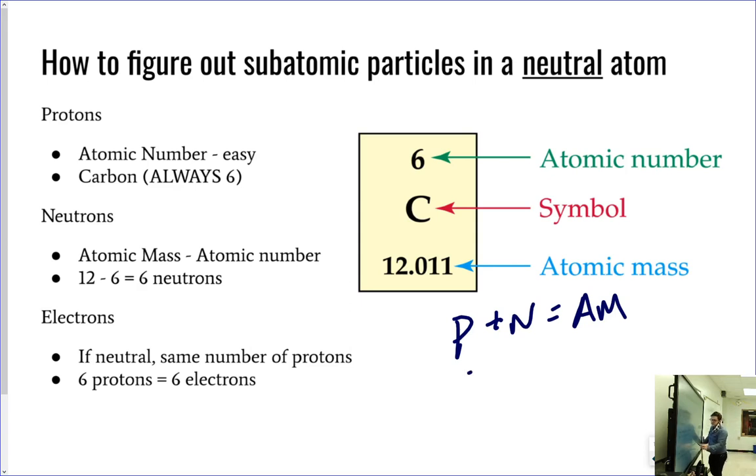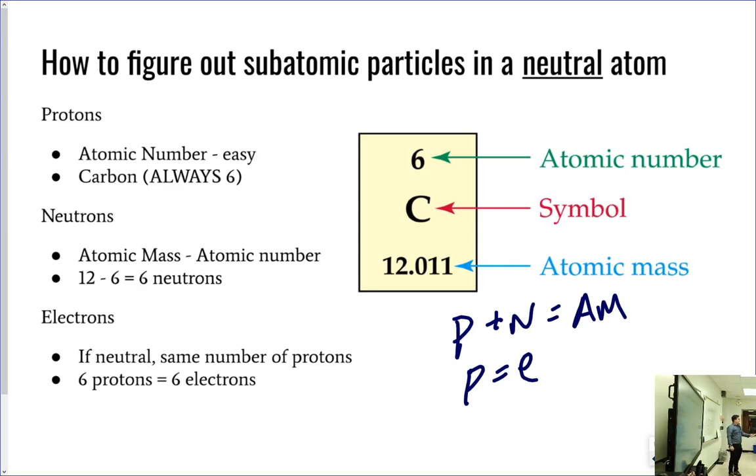And then also, if neutral, protons equal electrons. So for carbon, it's super easy. Carbon's nice and balanced. You have 6 protons, 6 neutrons, and 6 electrons. Yeah. AM for atomic mass. Okay.